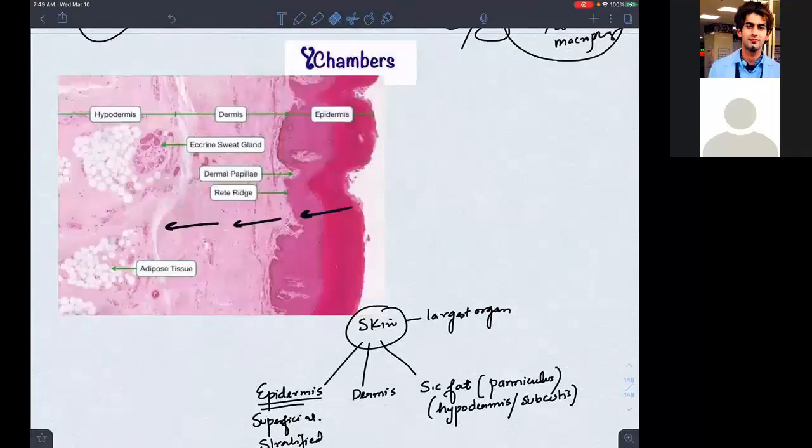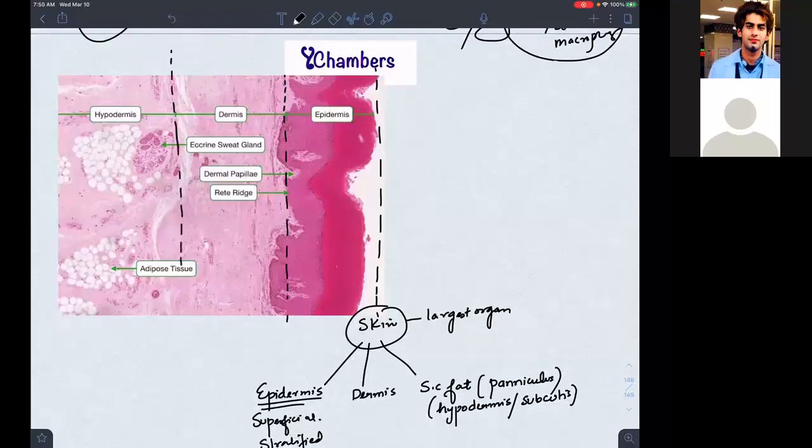From this side till here, this is all epidermis. Clear? It is shown also here. Till here is the dermis, and the more you go inside from the dermis is the hypodermis, or subcutaneous fat.